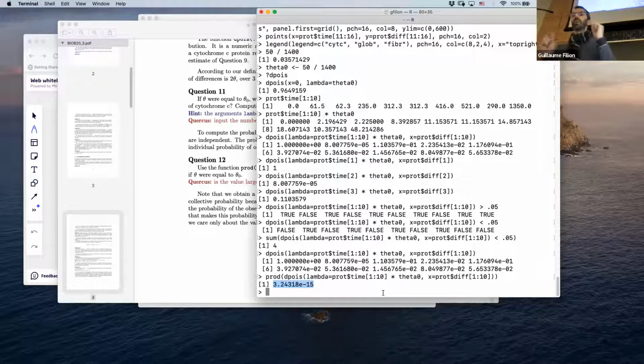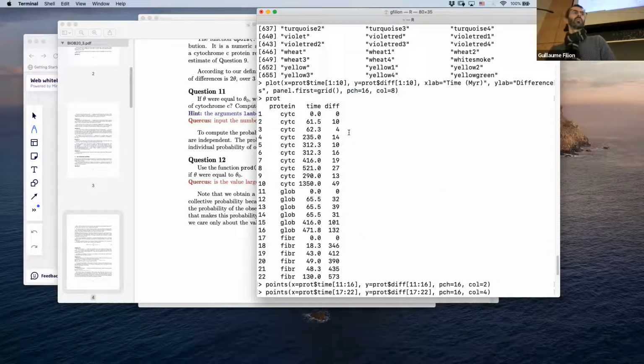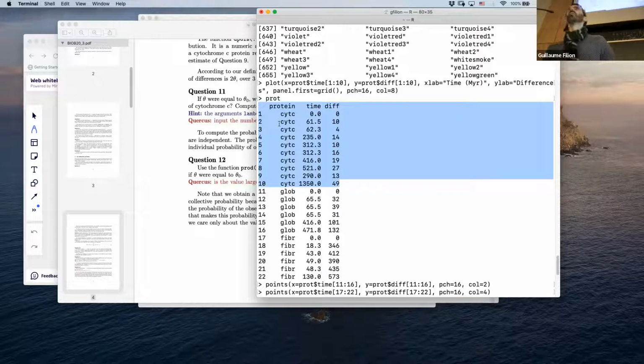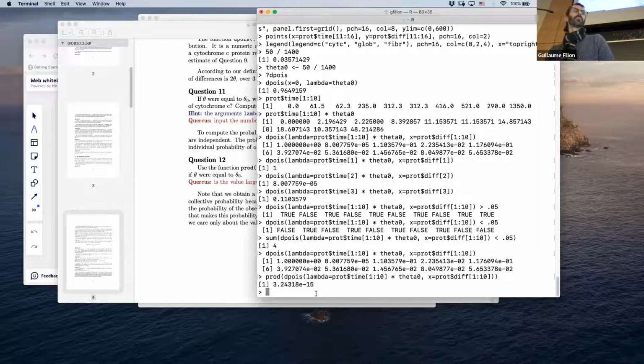If I decided, or if I knew that theta was this value, that would be the probability of observing this particular data set, the whole thing here. It's not a very high value, but still, that's the probability associated with theta 0.